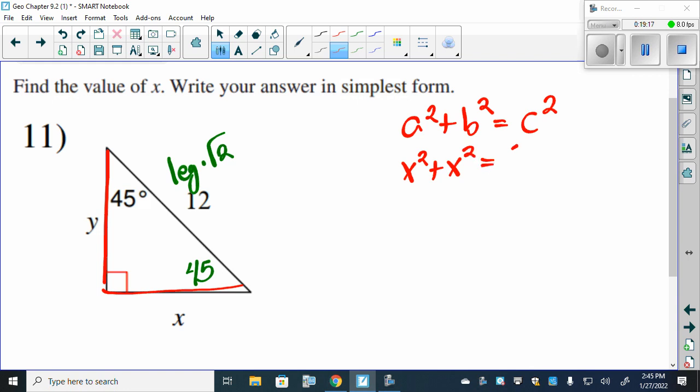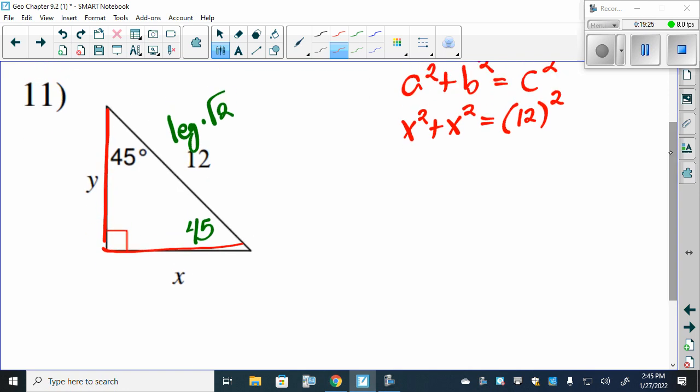So a and b are still going to be x squared and x squared. The hypotenuse is 12. So we'd have 12 squared. Well, our x squared plus x squared, as we've seen several times ago, is going to be 2x squared. 12 squared is 144.